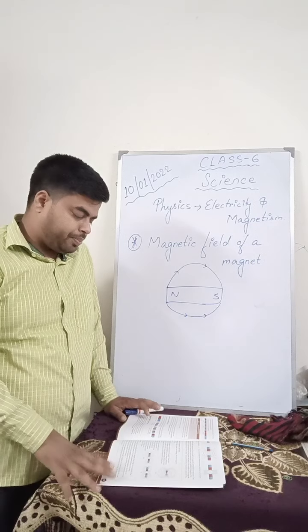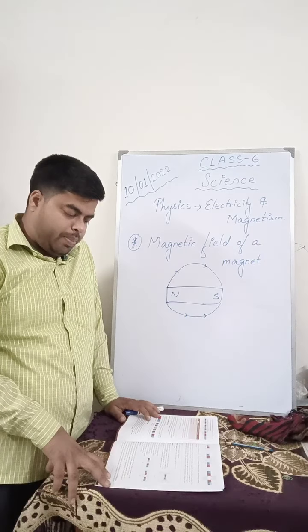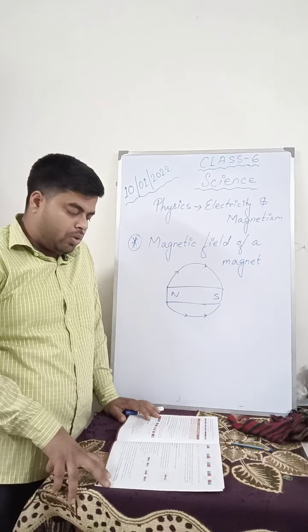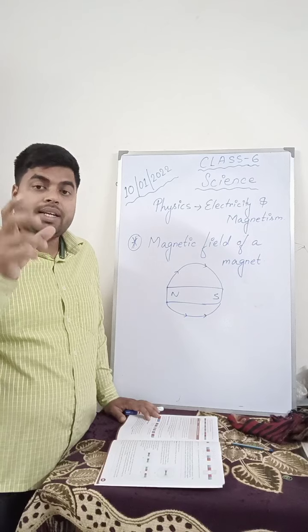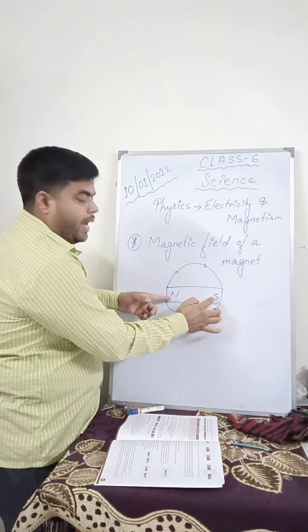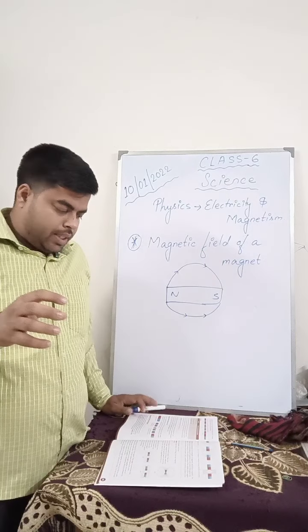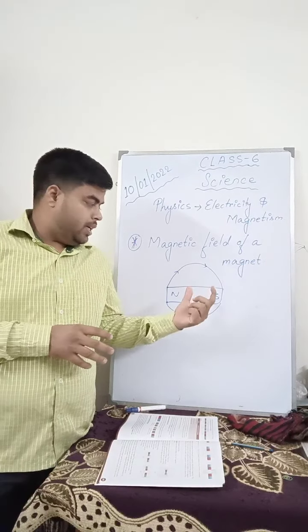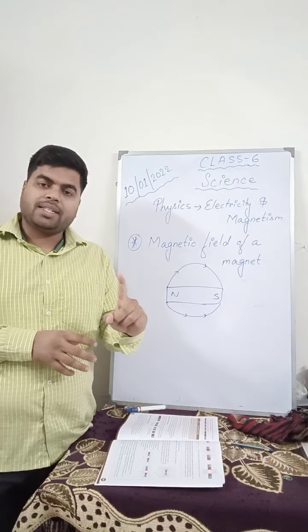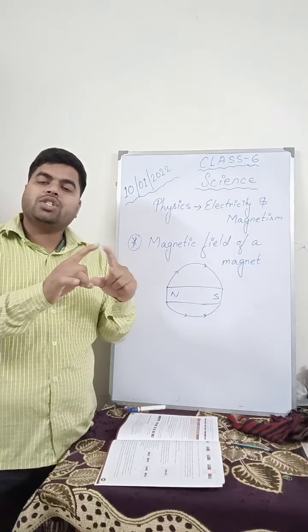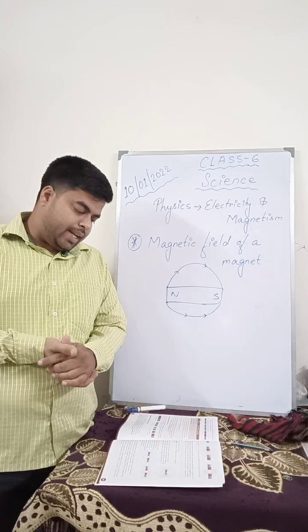The strength of the magnetic force of attraction and repulsion is not uniform throughout the length of the magnet. We all know that the force of attraction and repulsion is maximum towards the two ends. It is maximum at the poles and less in the middle.